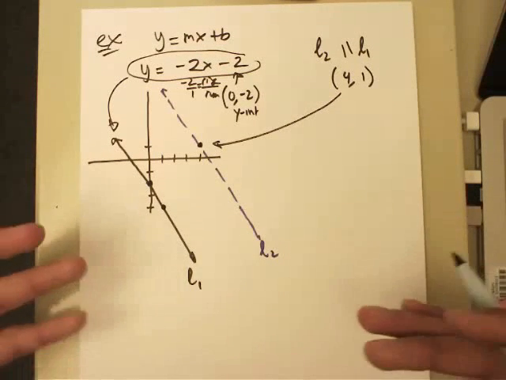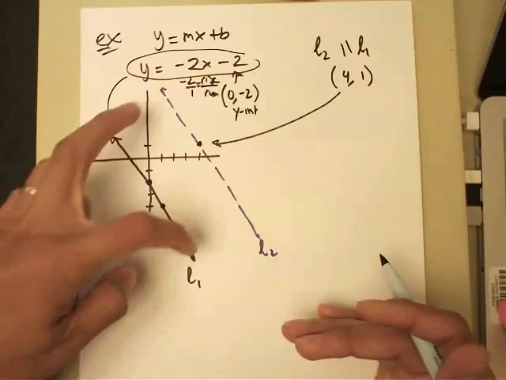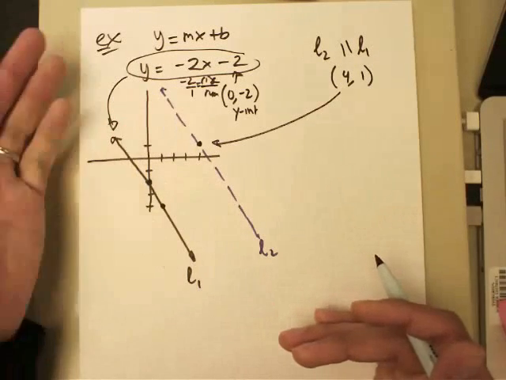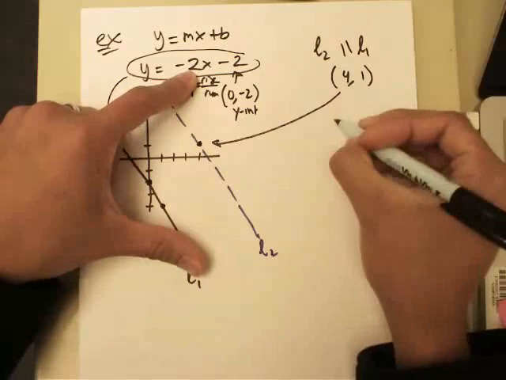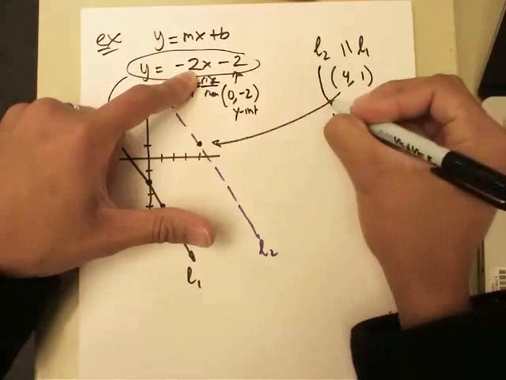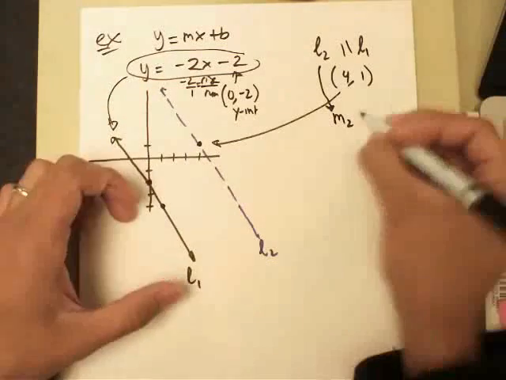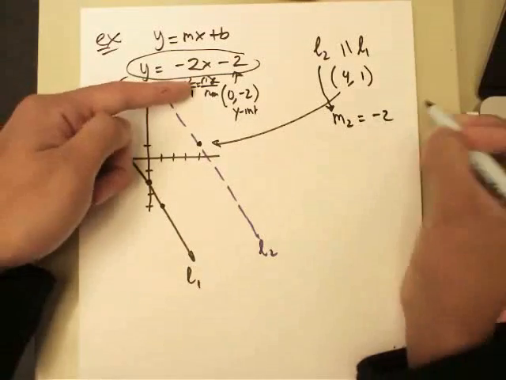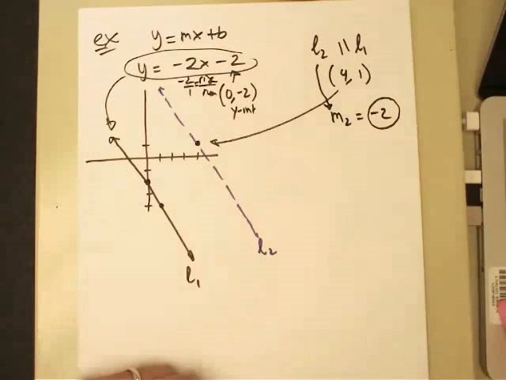So in other words, if we know our slope for this line, we can also apply the slope to the second line as well. Do we know our slope of the first line? We do, right there. This is our slope, right? So we know that the slope for line 2, we call this M1 right here for line 1, and M2 is also the same as line 1. And so that means we can use the same exact slope value for line 2.